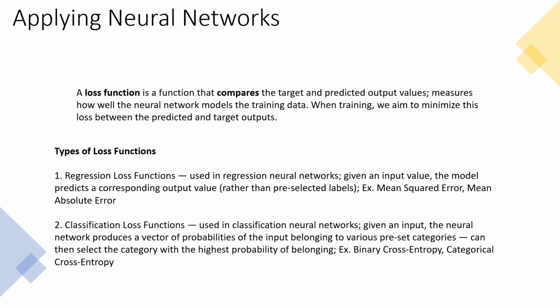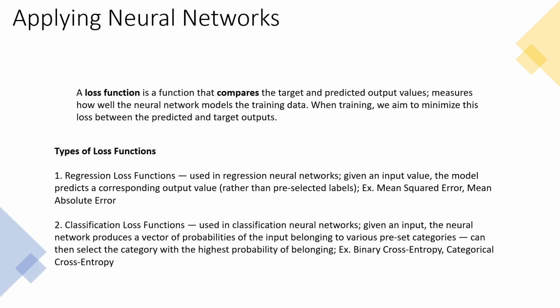So we have two types of losses because we usually have two types of problems. We have regression problems and we have classification problems. That was basically the same with machine learning. We started with regression and then we went through classification.